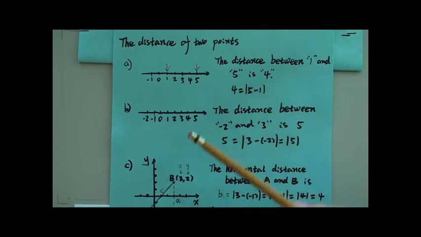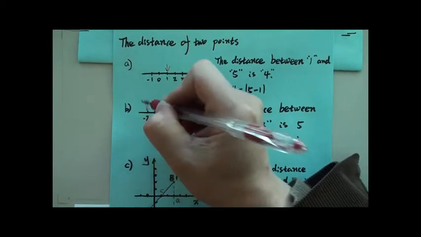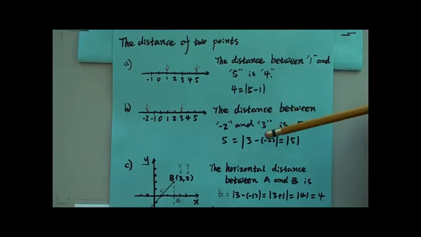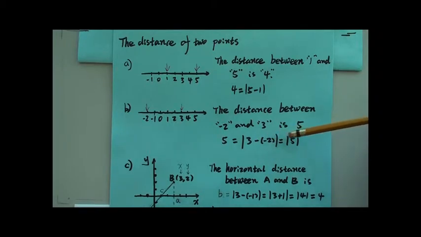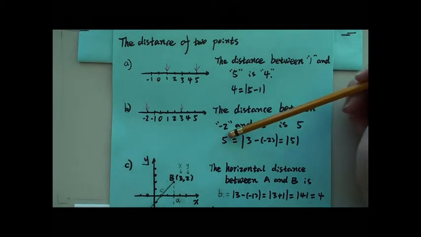You see, 3 here, negative 2 here. 3 minus negative 2, minus a negative number. Negative is positive, so it's 3 plus 2, which is 5. Okay, so we can put 5 here.